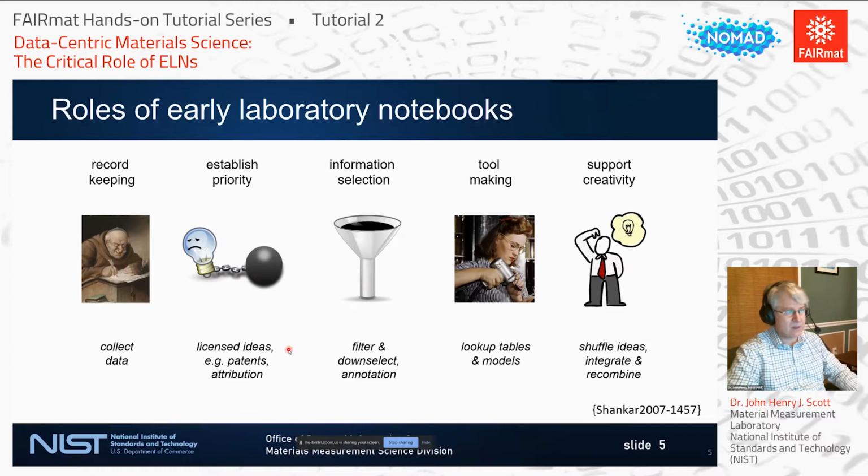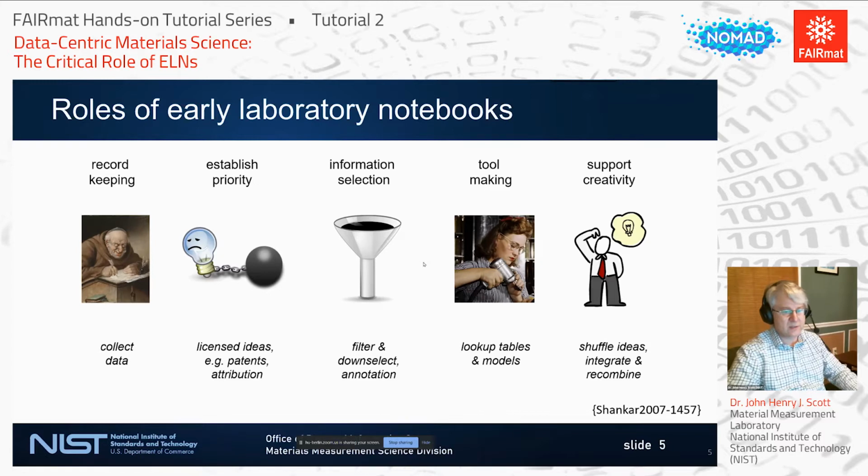These notebooks, as I mentioned, also can be used to establish priority in order to make sure attribution is done, and if you have a patentable concept and you wish to license your ideas, referring back to the lab notebooks, which are a form of legal documentation, is another function of these early notebooks. But also information selection is important. As you do the research, you don't always have the final goal in mind.